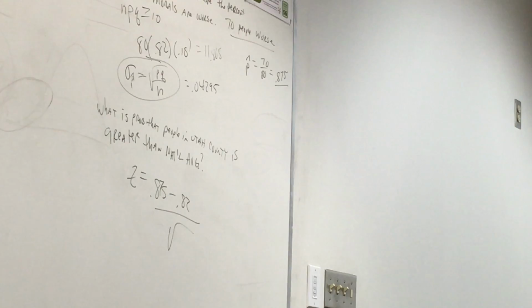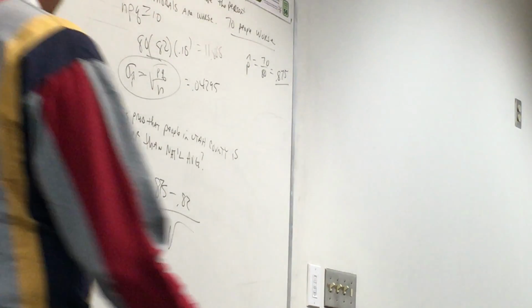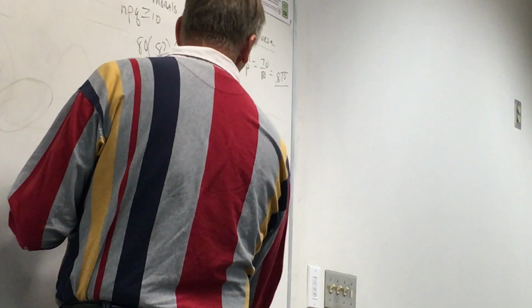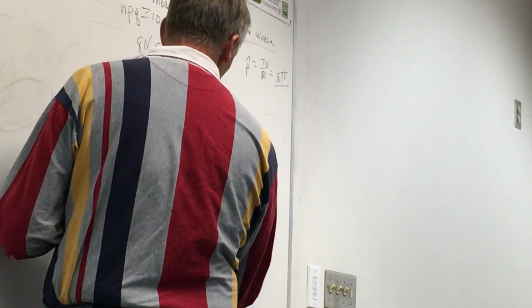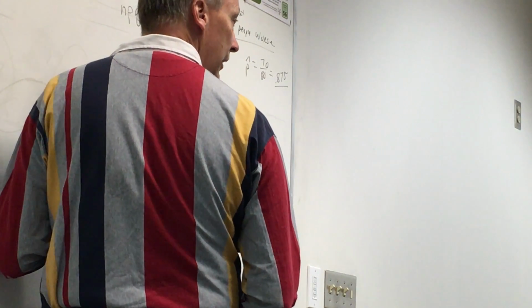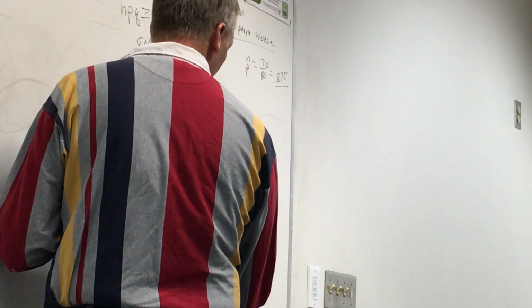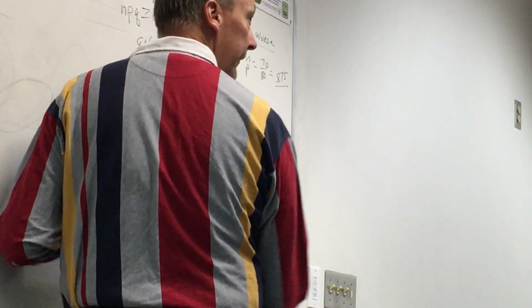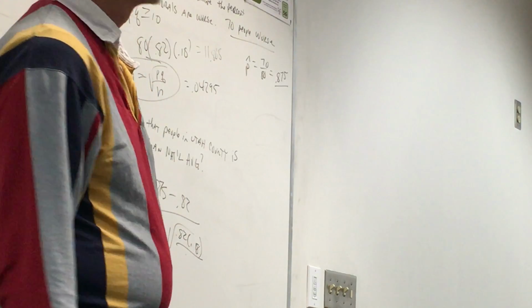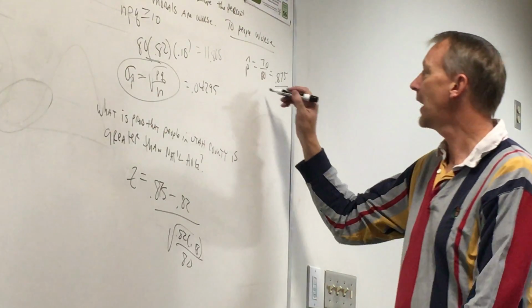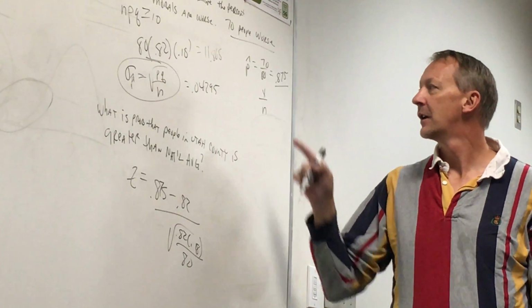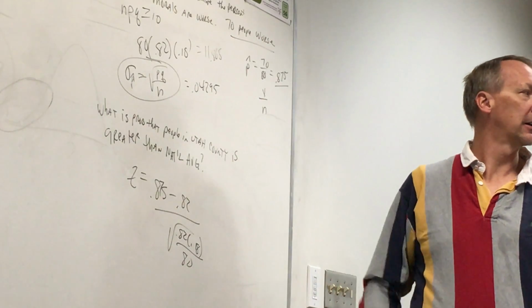I'm going to use the national average here. So 0.82 times 0.18 divided by, is it 70 or 80? 80, right? Remember, my p-hat is x over n, so 70 is x, n is 80.